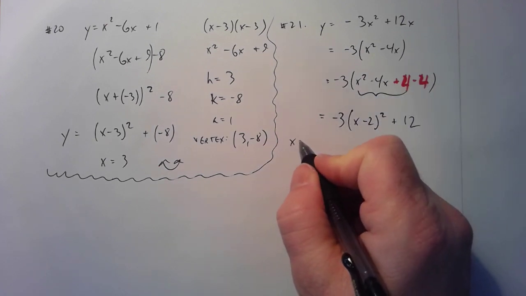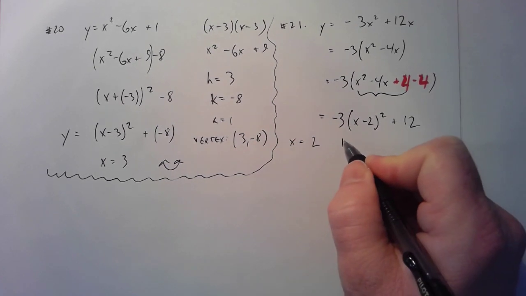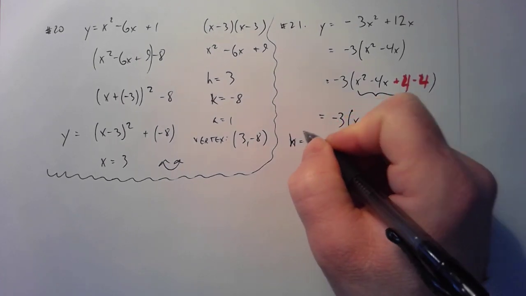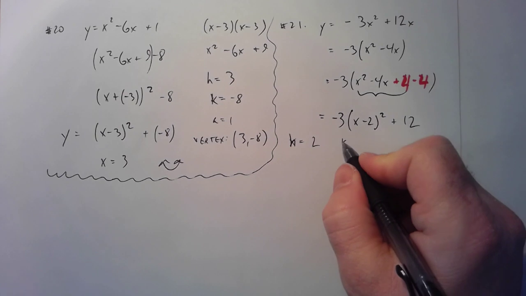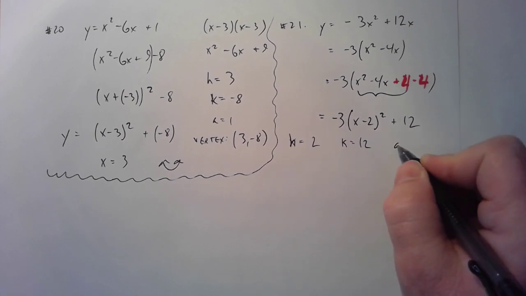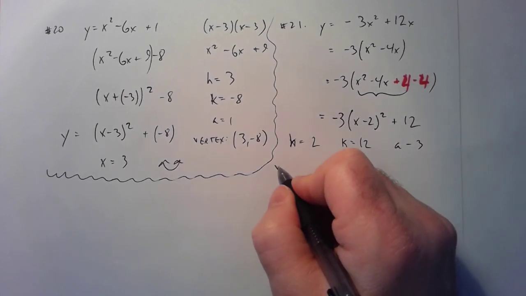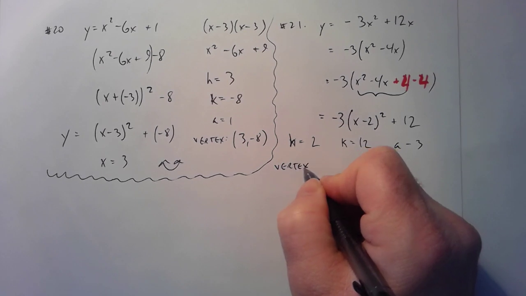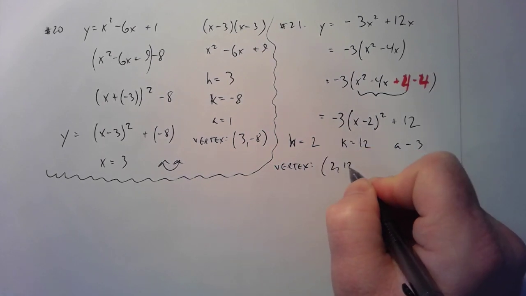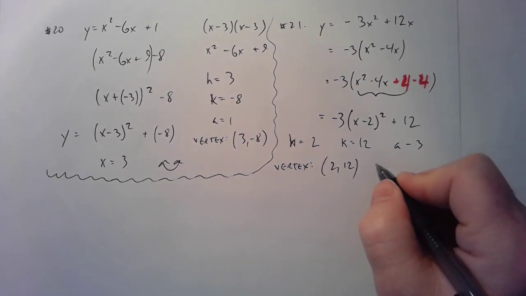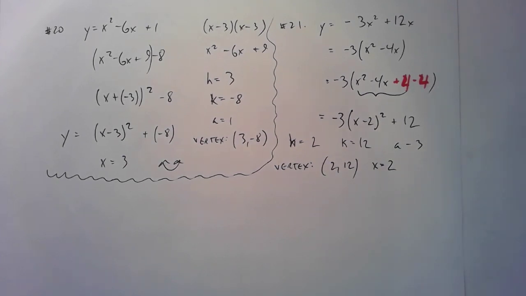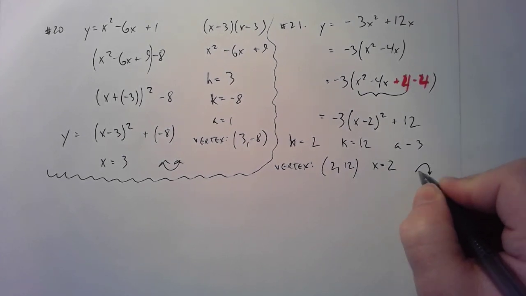So h equals 2. k equals 12. a equals negative 3. Which means we have a vertex of (2, 12), an axis of symmetry of x equals 2, and it opens down.